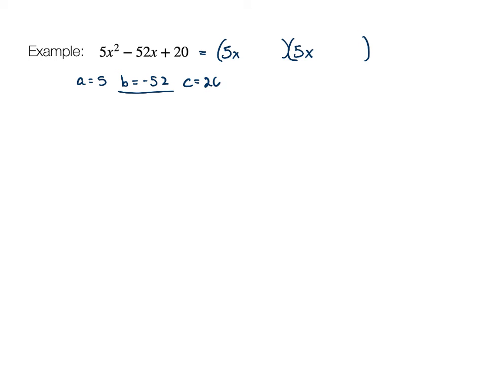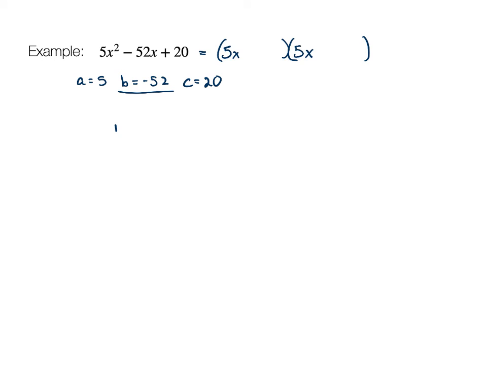And I'll explain why. This C value being positive and this being negative tells me that both the R and the S are going to have to be negative numbers. They multiply that way. If they're both negative, they multiply to a positive, and the two negatives would add up to a negative. So that kind of helps you out sign-wise.